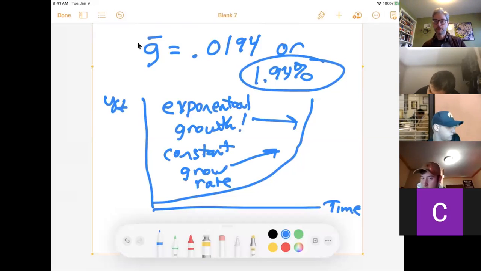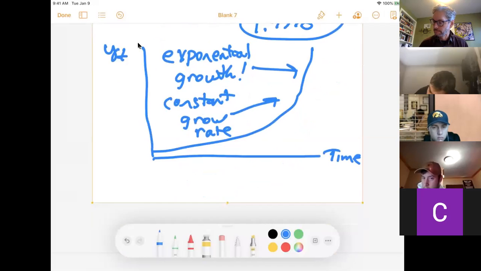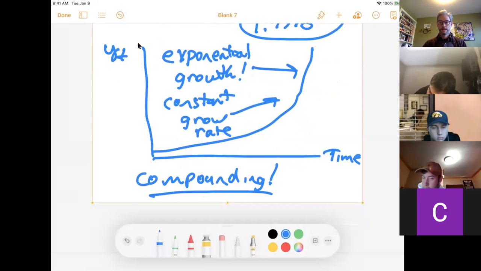So why does it explode over time? Because of compounding. Right? That growth begets growth. If output goes up from 1,000 to 2,000, a 50% increase, what happens the next period?